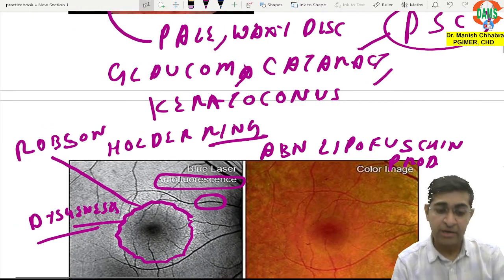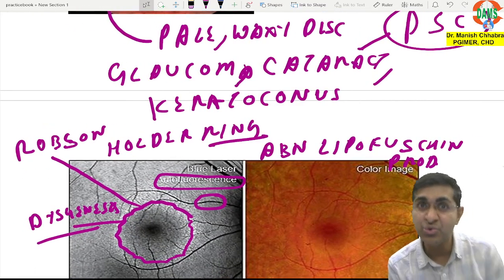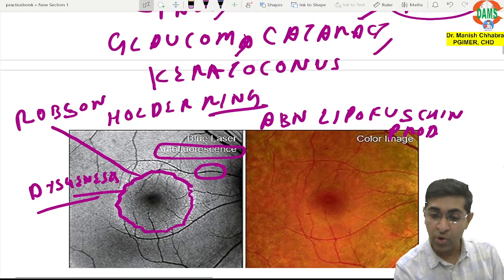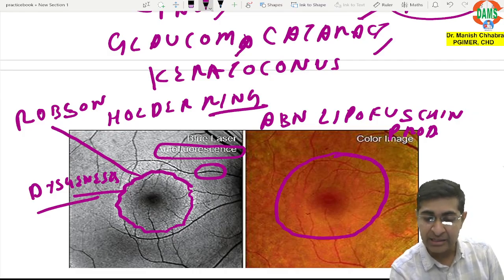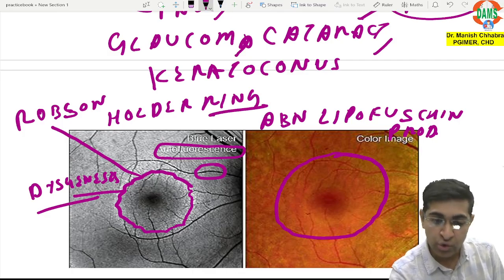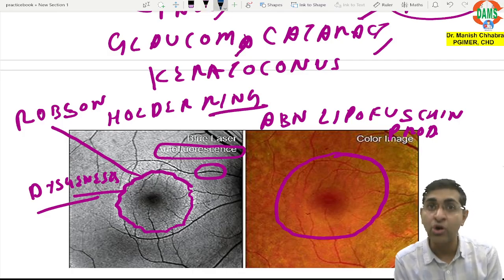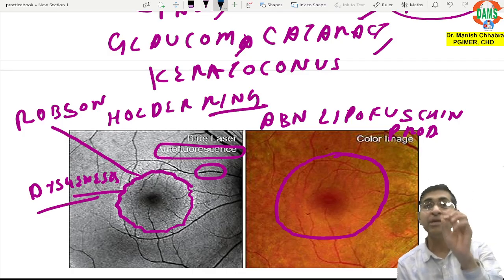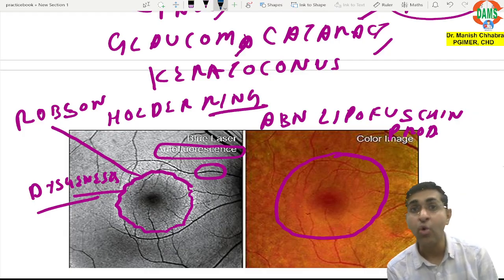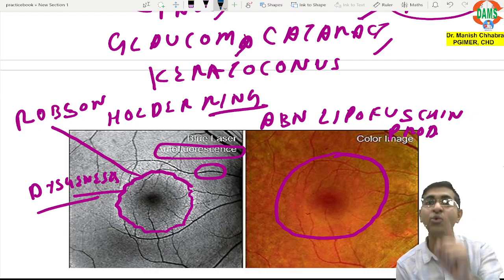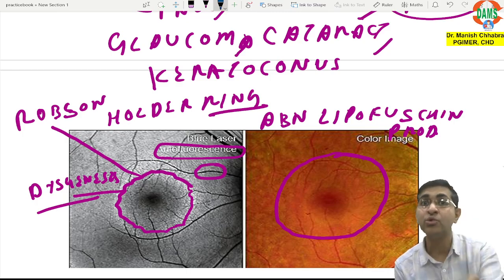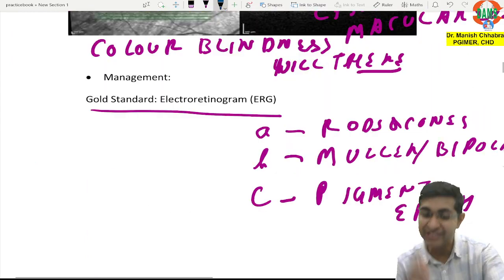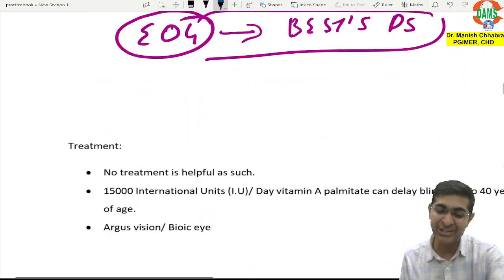Please remember that when you do fundus examination, on the normal image you may not be able to appreciate anything, so you will do fundus autofluorescence, in which you will be able to appreciate the Robson-Holder ring. That Robson-Holder ring is very important. It may be asked in your viva voce university exam. That is the reason I came back to this.